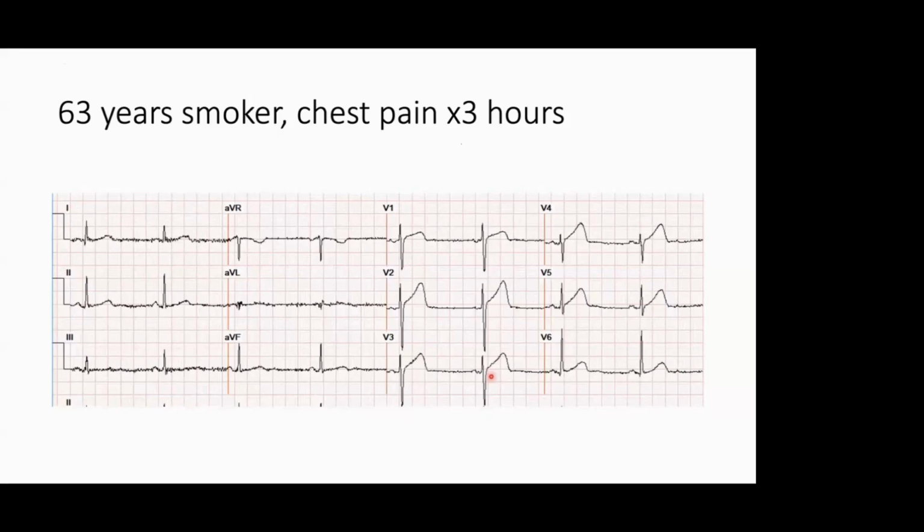So you should see the R wave height, QRS, that S wave will be pulled up like that. Yes, loss of QRS height, formation of Q wave, then corresponding ST depression in the opposite facing leads. It's also the same. There is some ST elevation also in this V6.